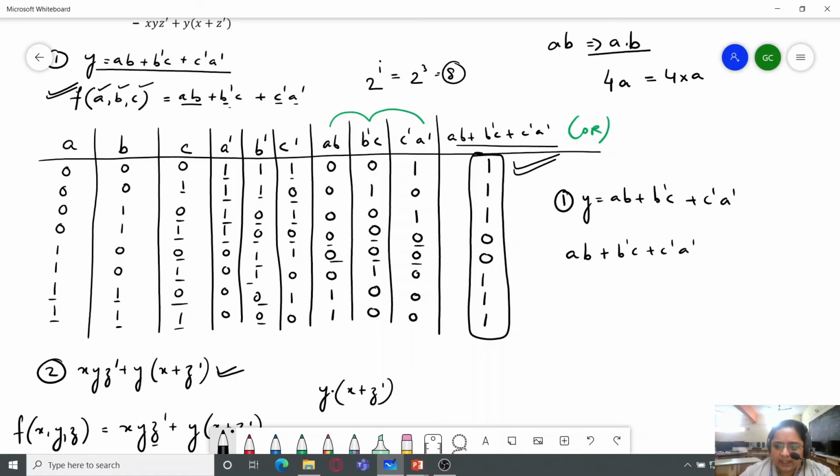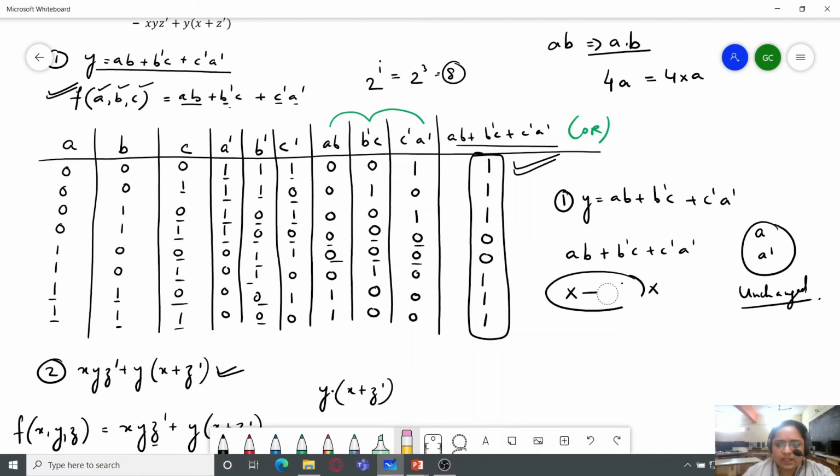Now, if you find any logical variable like A or A dash, B or B dash, C or C dash, we will not change these logical variables. Like if we have A, we will not change into A dash. This is wrong. Why? Because dual only says that we can change plus into dot, and dot into plus, that is AND into OR, and OR into AND.